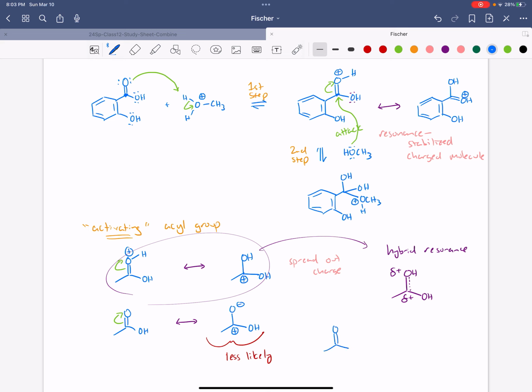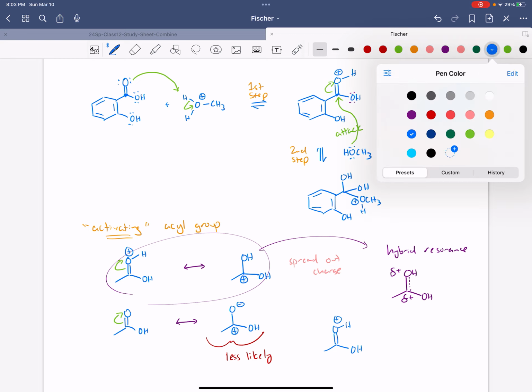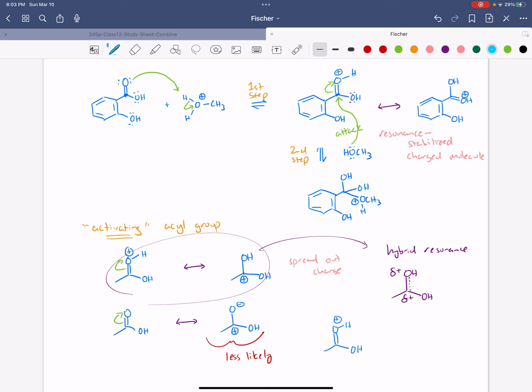When you protonate that acyl group, your partial positive is much bigger than if you don't protonate that oxygen.